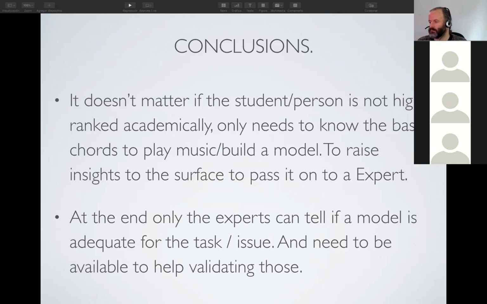It doesn't matter if the student is highly ranked; he only needs to know the basic chords to play music, to build a model, to raise insights to the surface, so he can pass it on to an expert. And at the end, only the experts can tell if the model is adequate for the task, and the use of the model as well. We need to be able to help validate those.